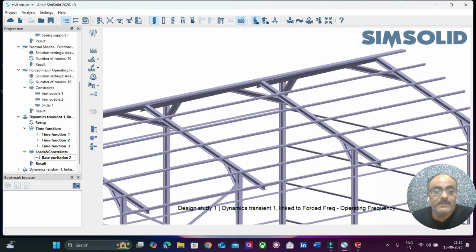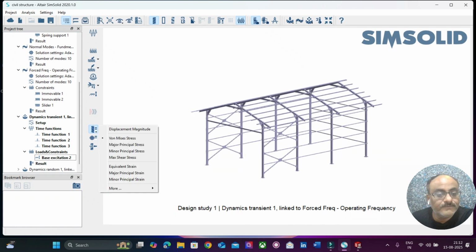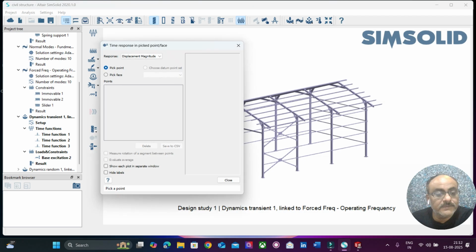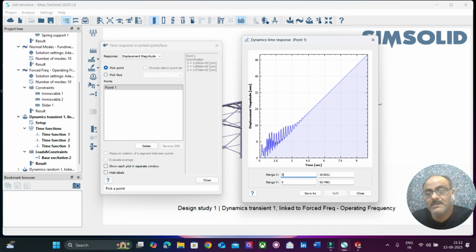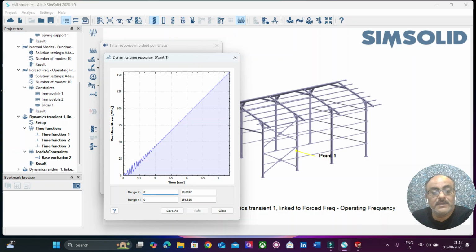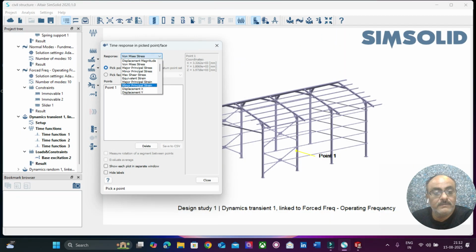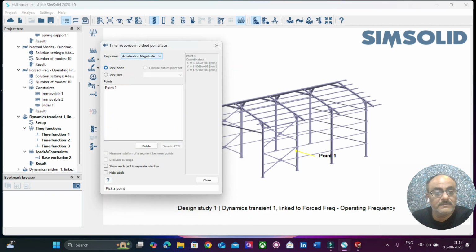Okay. So now what we do is, let's try to find out what are all the, yeah, so this is the displacement. Okay, and now let's see how the stress values are going to be. We'll find the acceleration, is the peak acceleration.